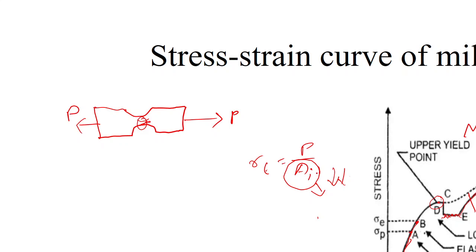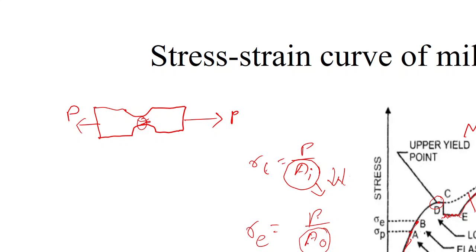Sir, what is happening in engineering stress? Why is the value showing as it is? Actually, in the UTM machine, the loading value drops after the ultimate tensile strength. Due to that, P by A, the engineering stress, which is always calculated based on the original area, right? Yes, sir.